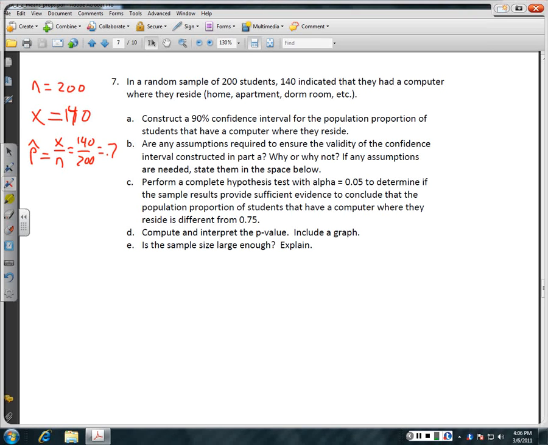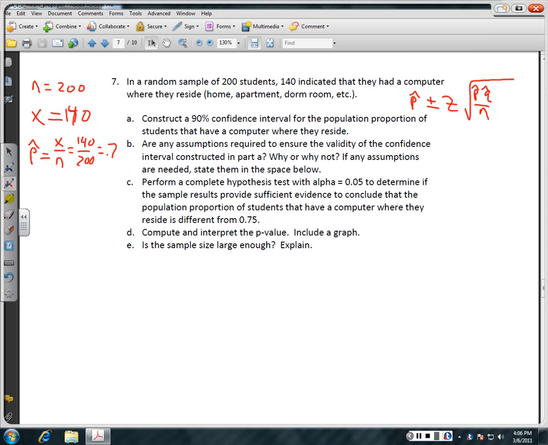So for part A, it says to construct a confidence interval for that. I'm going to do that right over here. P hat plus or minus z, the statistic plus or minus the confidence coefficient, times the standard error, the square root of P hat Q hat over n.